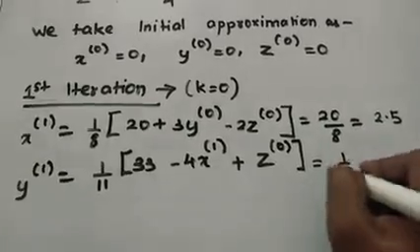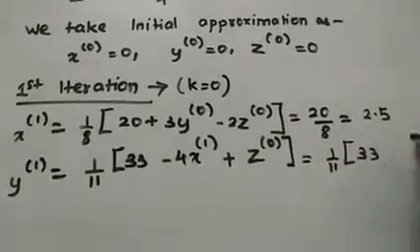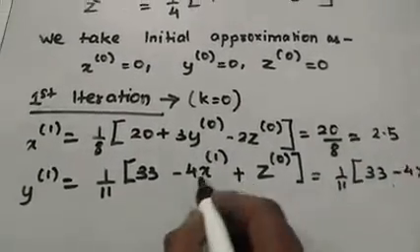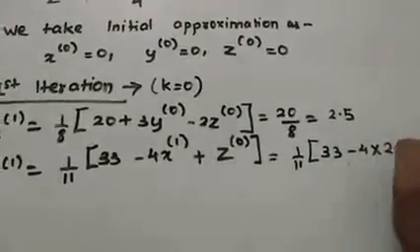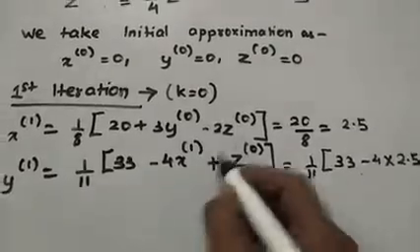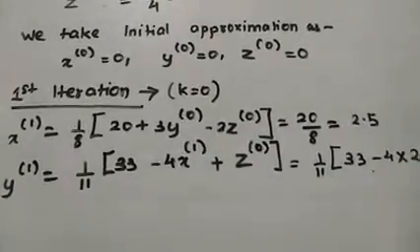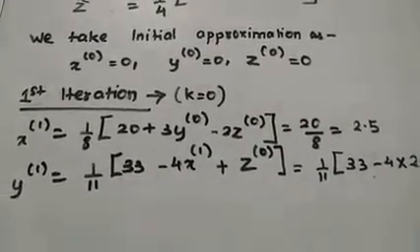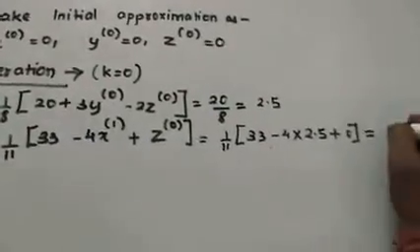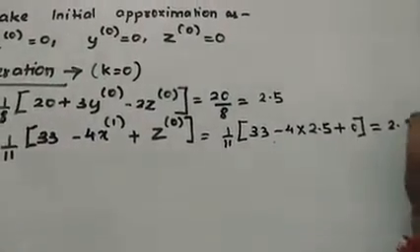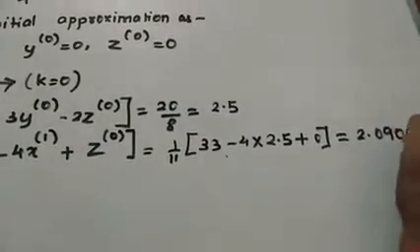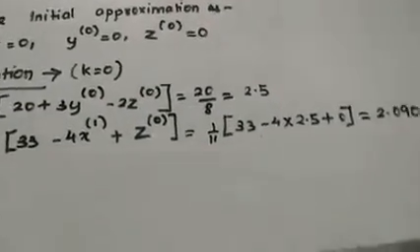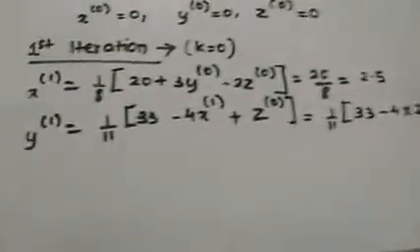So 1 by 11 times 33 minus 4 times x1, and the x1 value we found is 2.5. Let us put that value 2.5, and the z0 value we know is 0. After calculating we get 2.5909. Okay, so we got our y1.